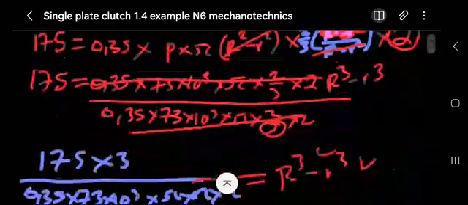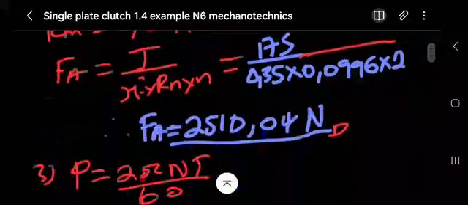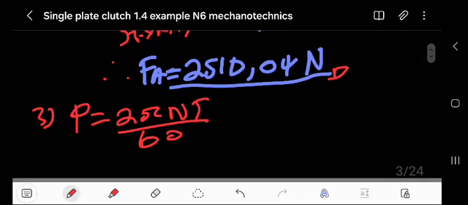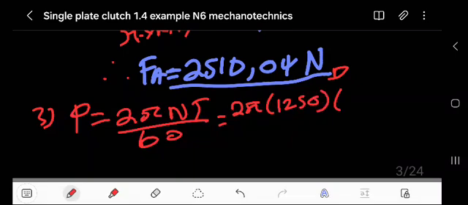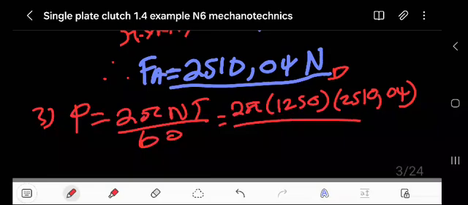So this simply equals 2 pi, our N there, it is 1,250, torque is 251.04, all over 60.